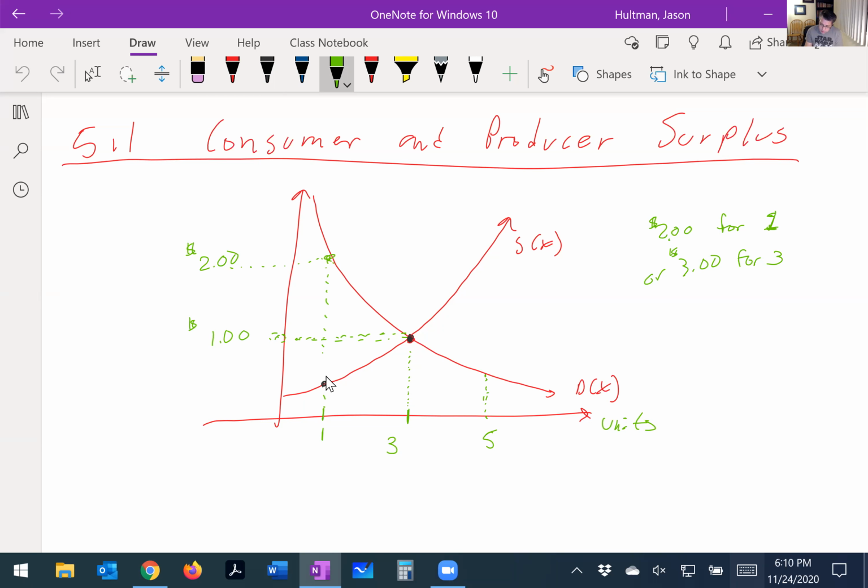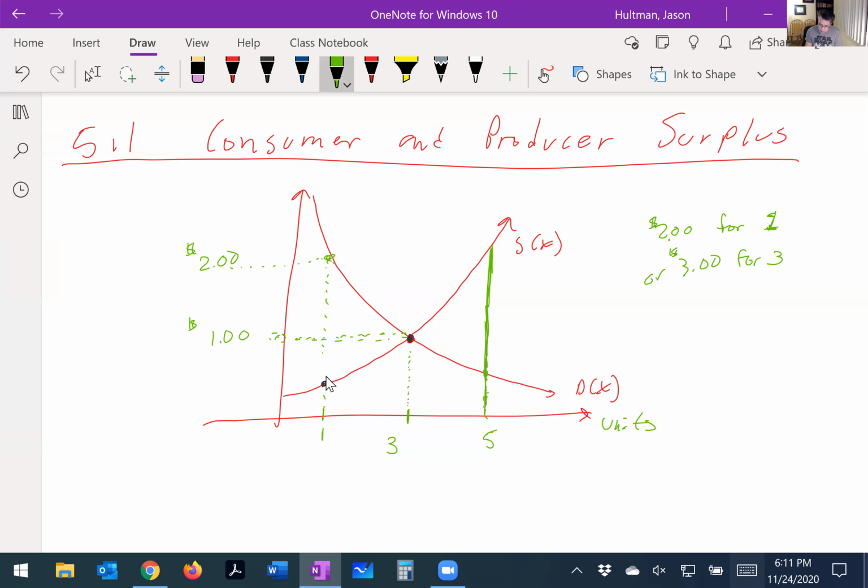So there's a difference between what is demanded and what's being supplied. If supply is high and demand is low, then the customer has more power. If demand is high and supply is low, then the seller has more of the power. And we're looking for this equilibrium point, this sweet spot where the two meet.